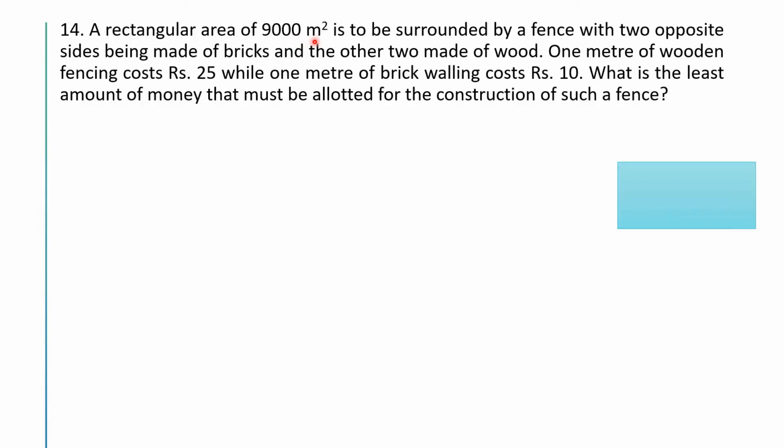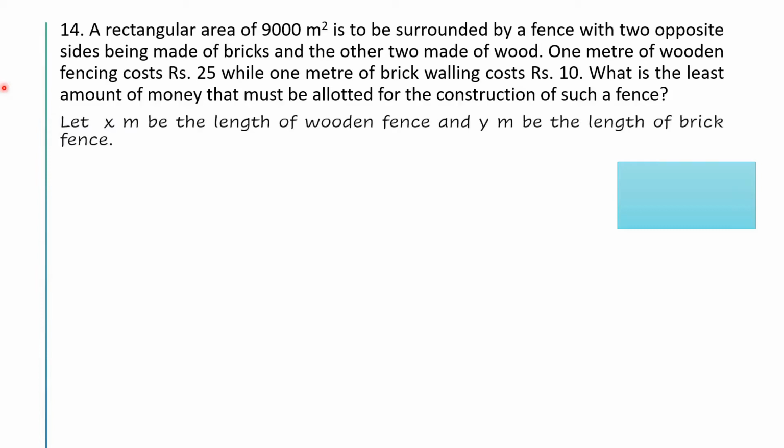So let us take x meter be the length of the wooden fence and y meter be the length of the brick fence. Now we have to find the least amount of money that must be allotted for the construction of such a fence.